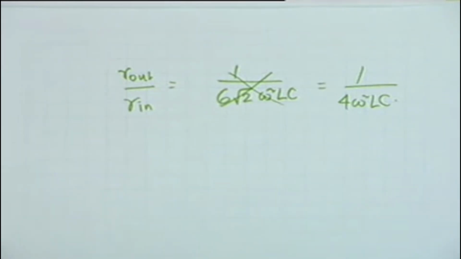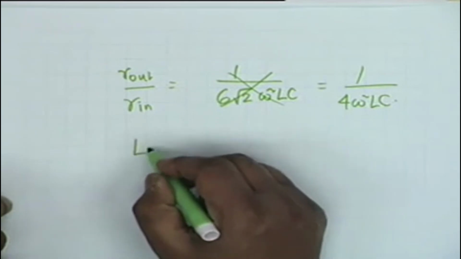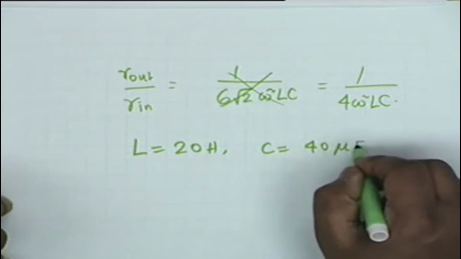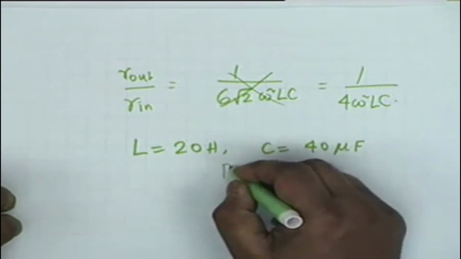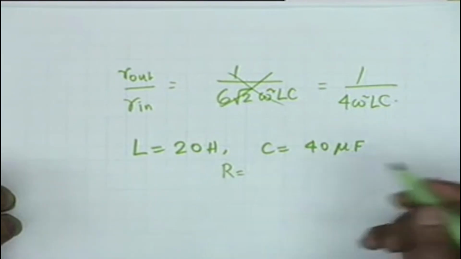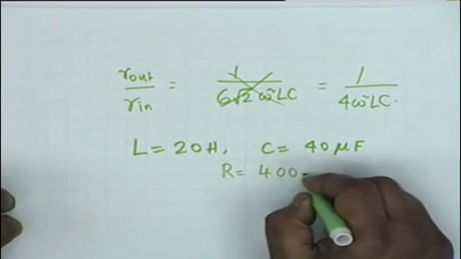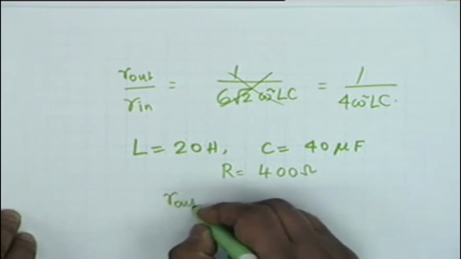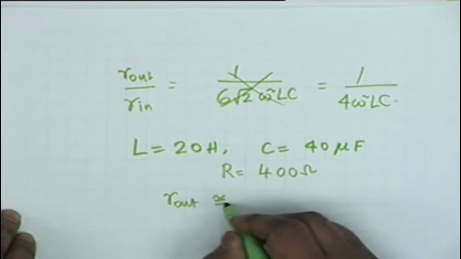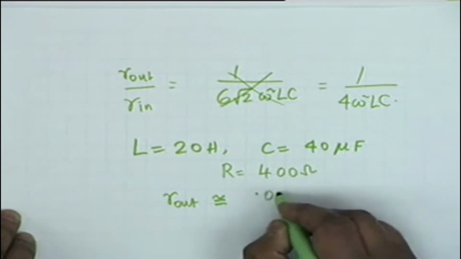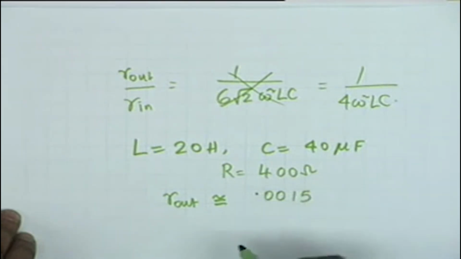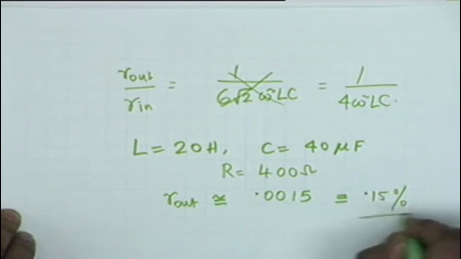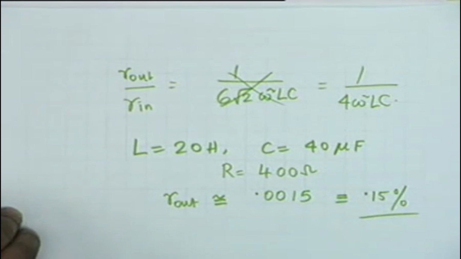As an example, suppose our L was 20 Henry and C 40 microfarad. Typical values. Capital R, as I said, 20 volts at 50 milliampere, which means 400 ohms. Then one can show that the ripple factor at the output is approximately equal to 0.0015, which means 0.15%.